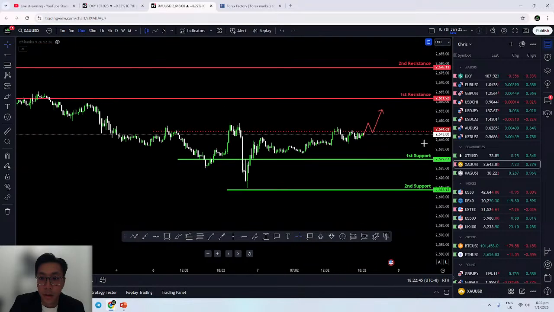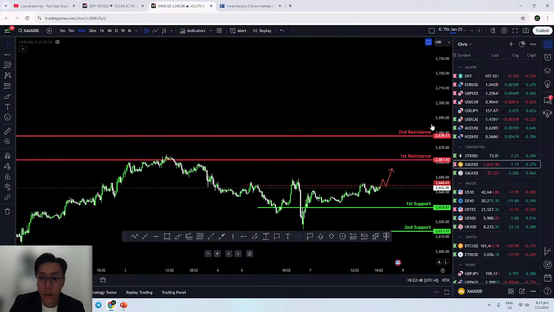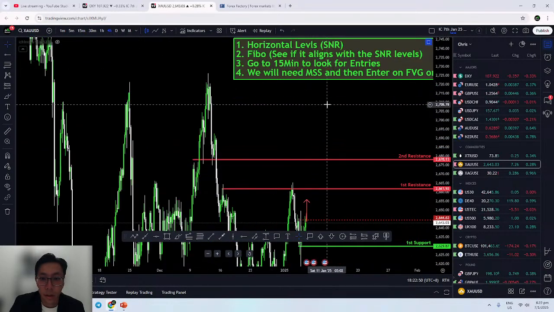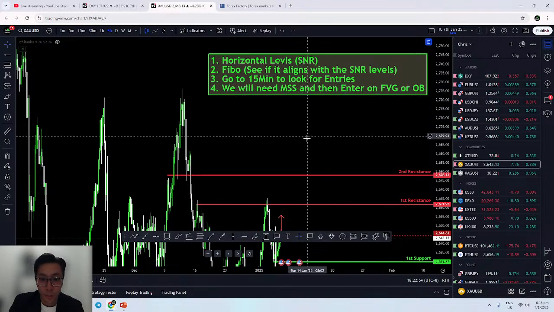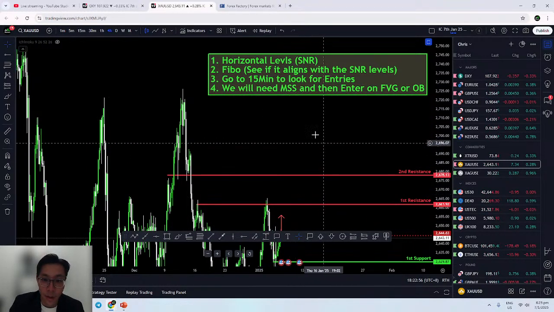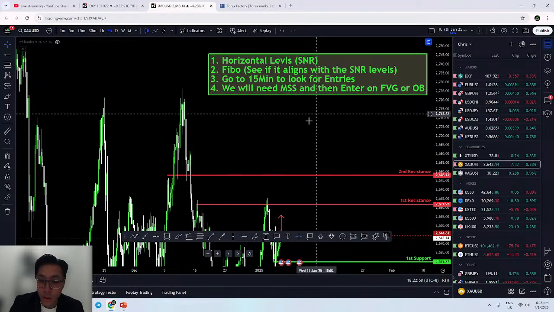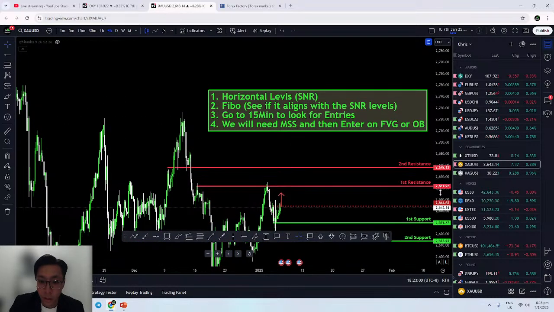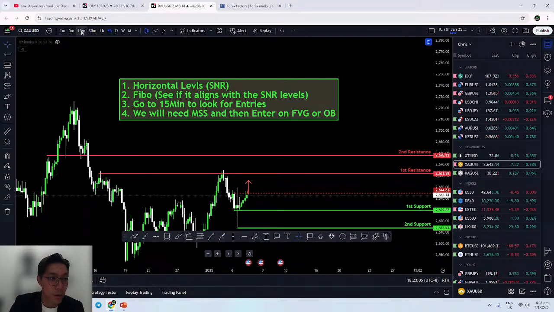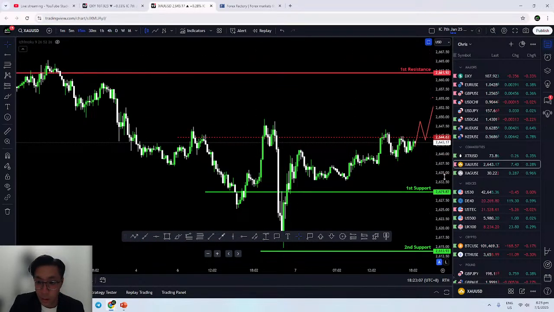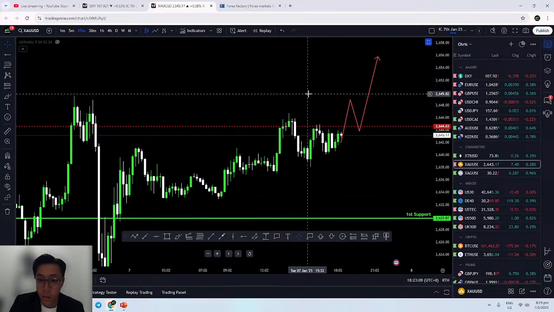Let me see. We will need a market structure shift, but in this case we are towards the upside, so we will just continue with break of structure, and then we will enter on the FVG or the last downward movement. So this is what we are looking at.